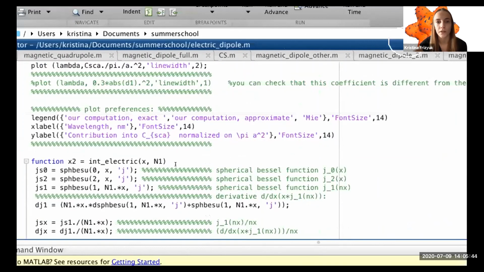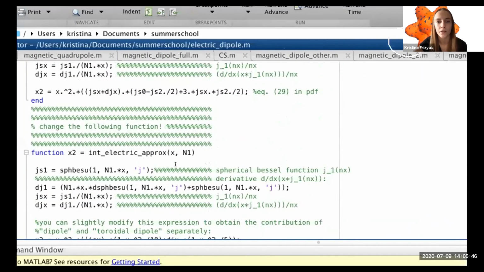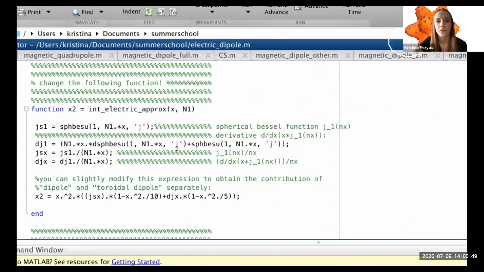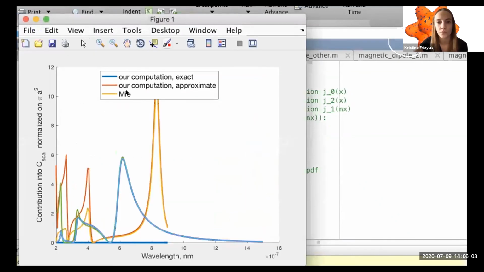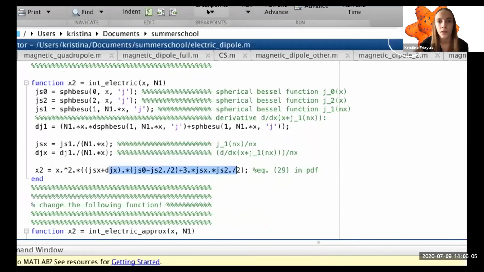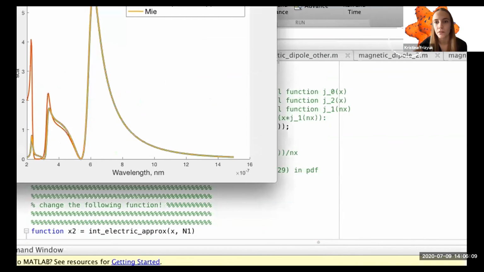So here you have already two expressions: the approximate expression, and you have already the exact expression. So you don't need to compute the exact function yourself. And if we execute this code, we obtain the following.